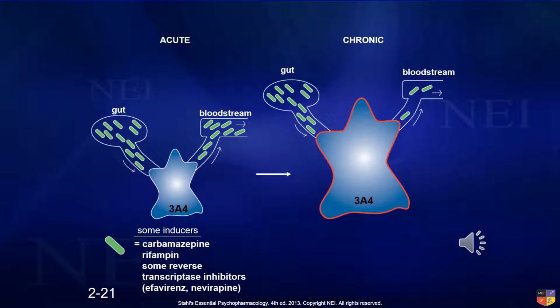This is the last slide in this second portion of our five portions on a peek at psychopharmacology. In here we see the 3A4 enzyme, and we see some of its inducers. The one I want you to notice the most is carbamazepine. Carbamazepine is an anticonvulsant.